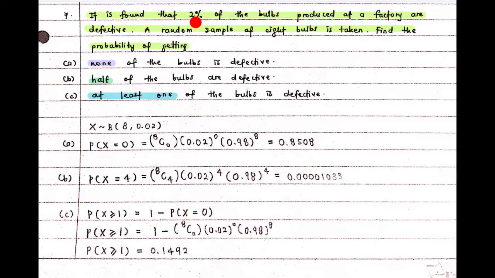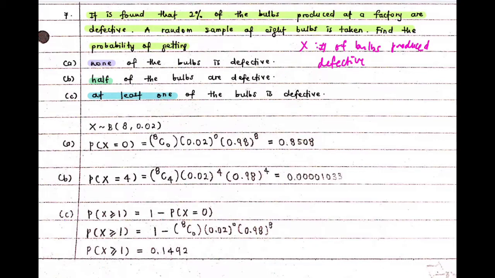Let's see the next question here. It is found out that 2% of the bulbs produced at a factory are defective. What is the info we get from here? Let's name our variable X, which is the number of bulbs produced which are defective.